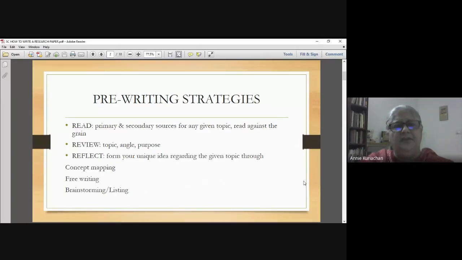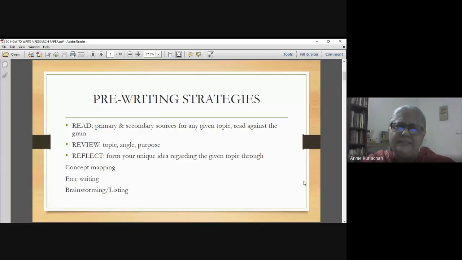I emphasize reading with the grain and against the grain of the topic, because the space between for and against is where you'll identify the gap, in other words, your particular, singular or unique idea that you need to develop.